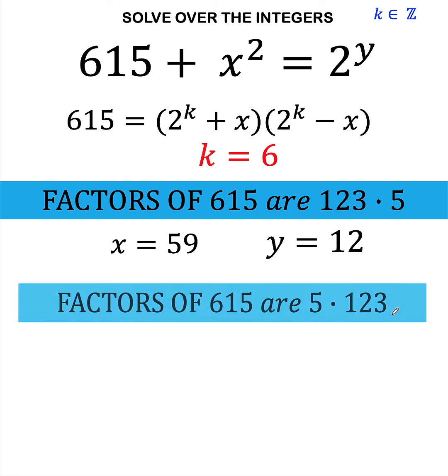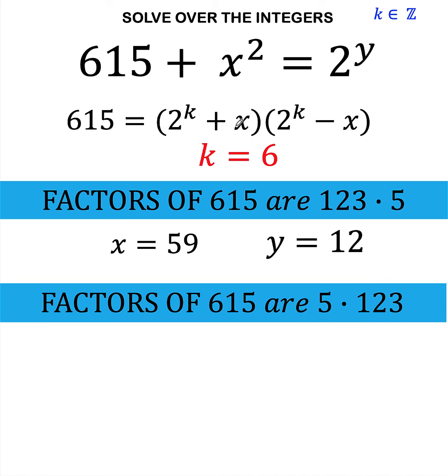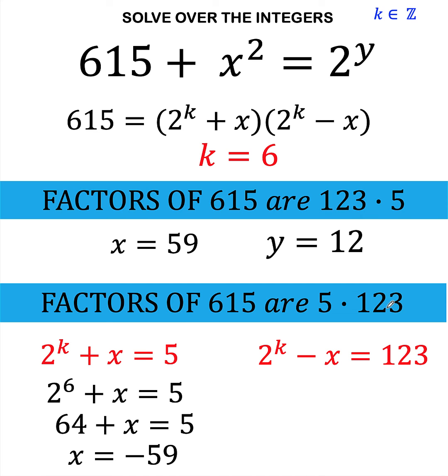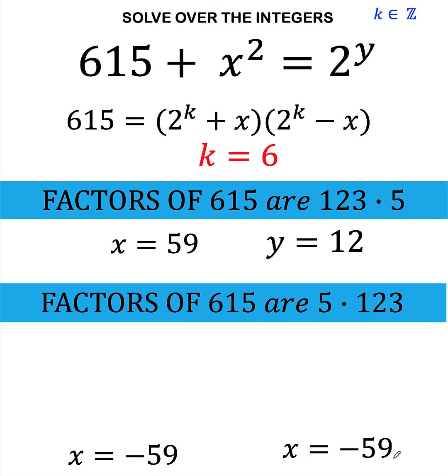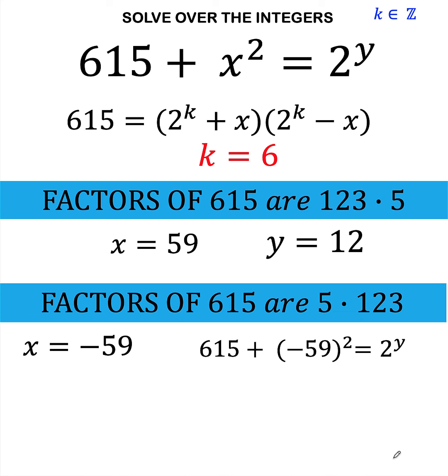Now let's take the case when the first factor is equal to 5 and the second factor is equal to 123. And we arrive at these two equations again. And similarly solving for x, we found that x is negative 59, and for the second equation, x is also negative 59. And solving now for y, when x equals negative 59, we take the original equation again and substitute negative 59 for x.